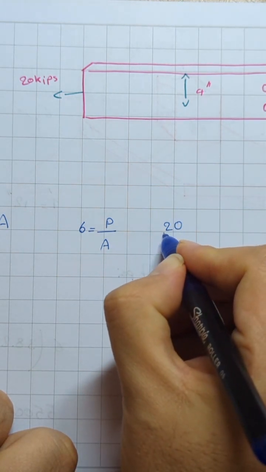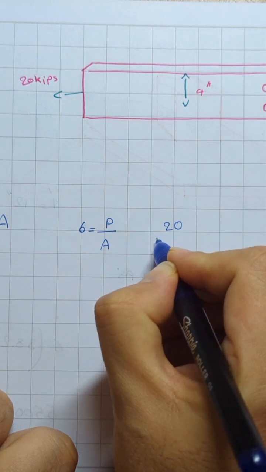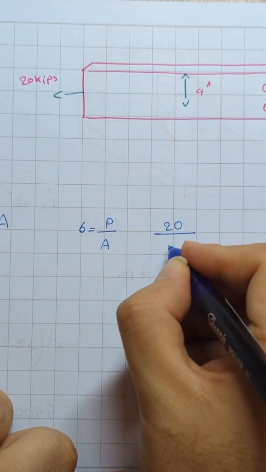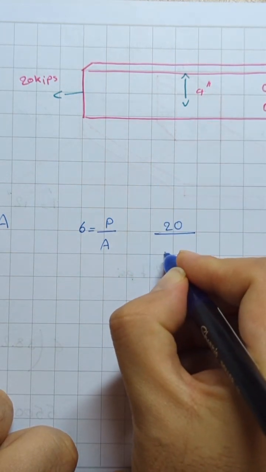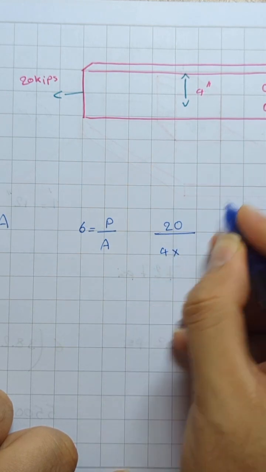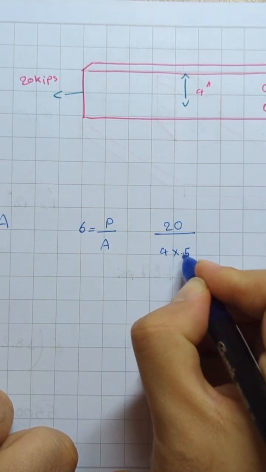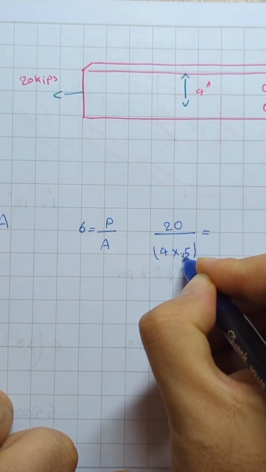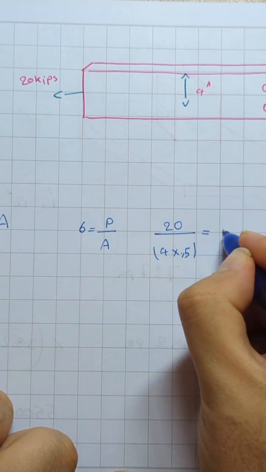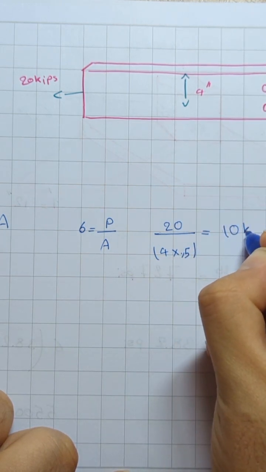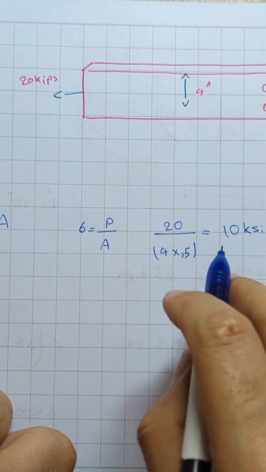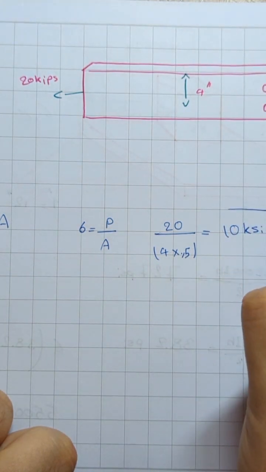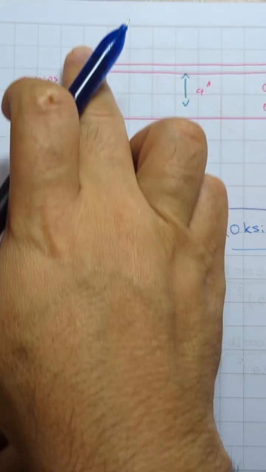And how much is our A? Our A is 4 by half an inch, which is 2, so it is 10 ksi. This is our stress in the AA section.